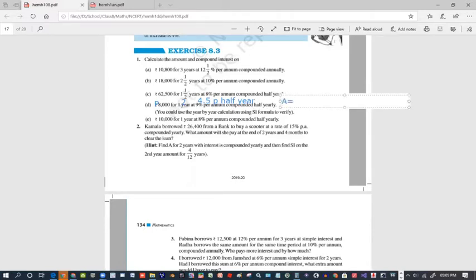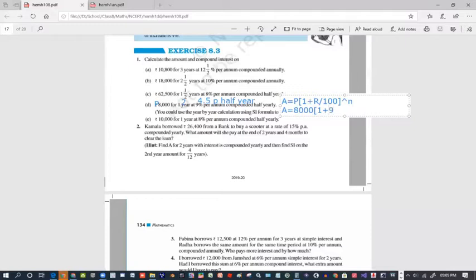Amount equals to P, 1 plus R by 100 to the power n. So amount equal to principal is 8,000. First is 1, and then rate will become 9 by 2. So 9 by 200, or 4.5 by 100.